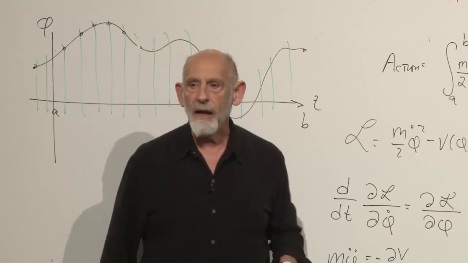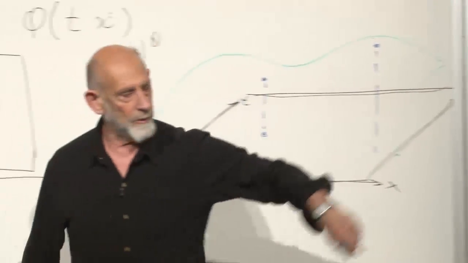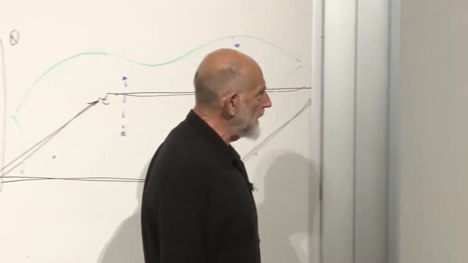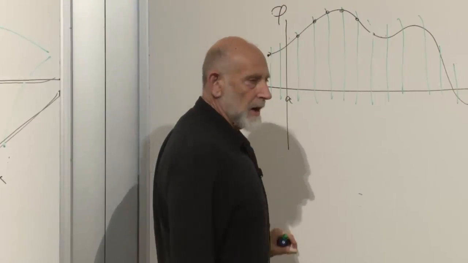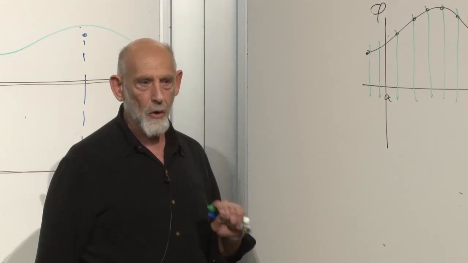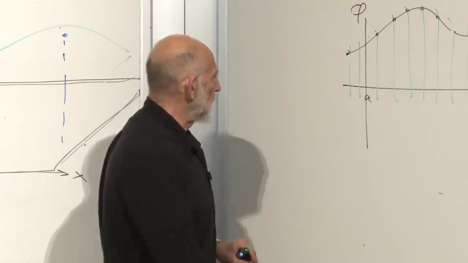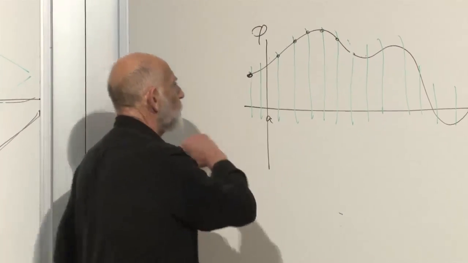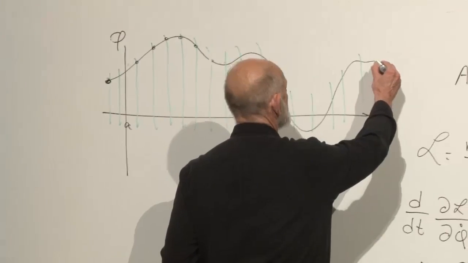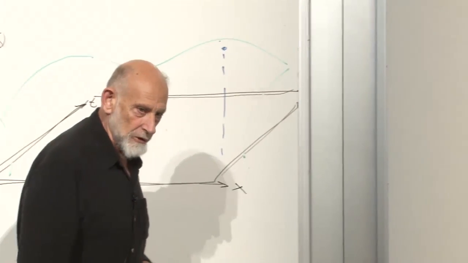Now, let me just remind you, I should have mentioned it while we were talking about the action principle over here. When I said you minimize the action, there's something that you hold fixed. Do you remember what it is you hold fixed when you minimize the action? The endpoints. You freeze the endpoints, you don't let them move, and you say, what's the minimum action subject to the condition that the endpoints are fixed?